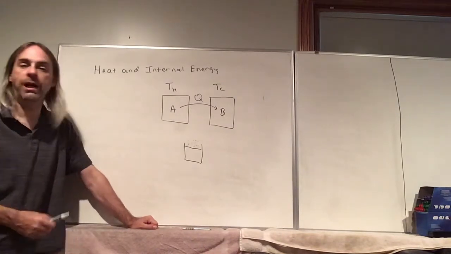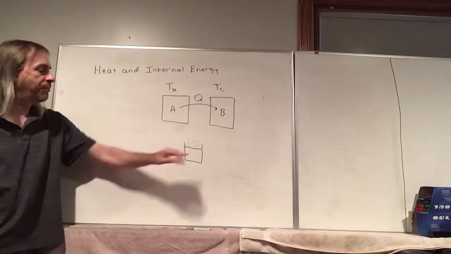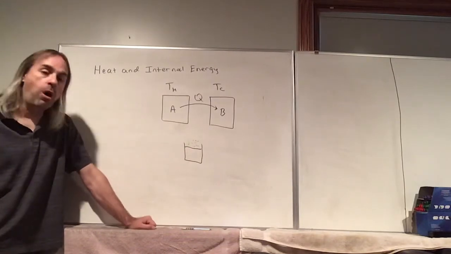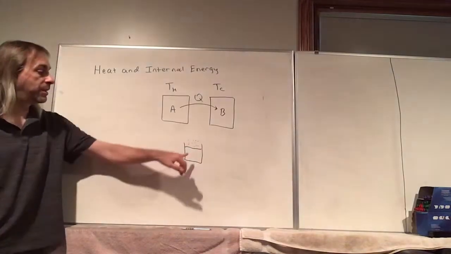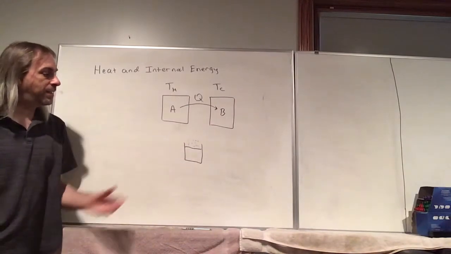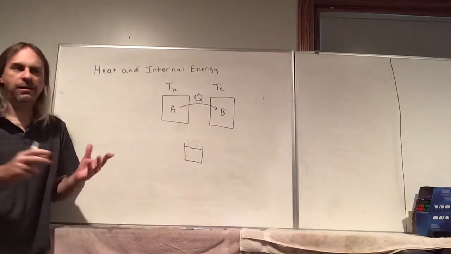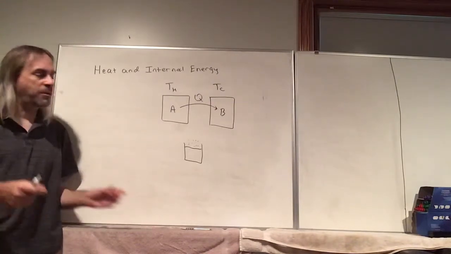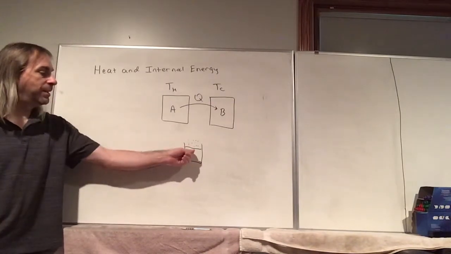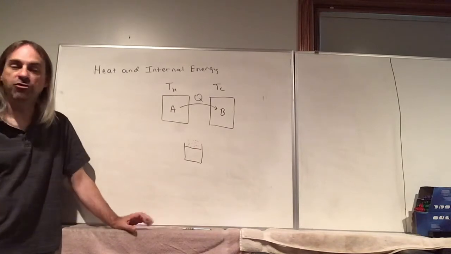So what is internal energy? Basically, you look at, say, water, though it could be anything. It's H2O molecules, and they're moving around, and there could be interactions between molecules that have potential energy.